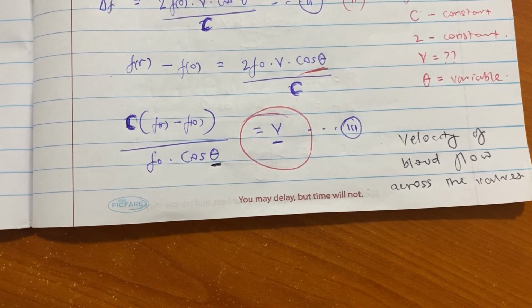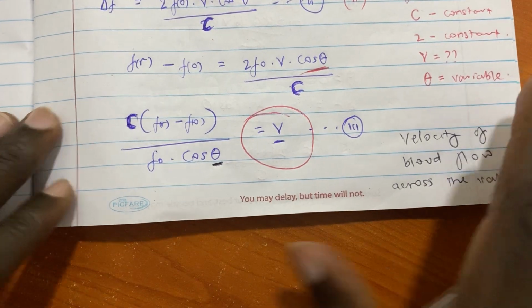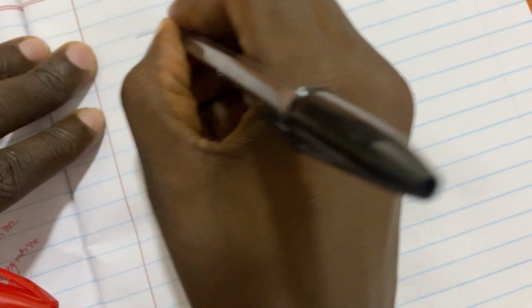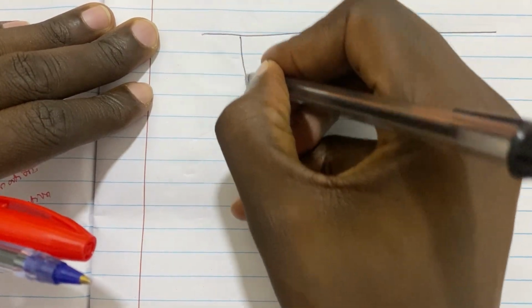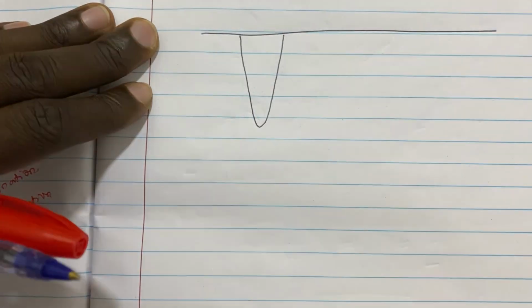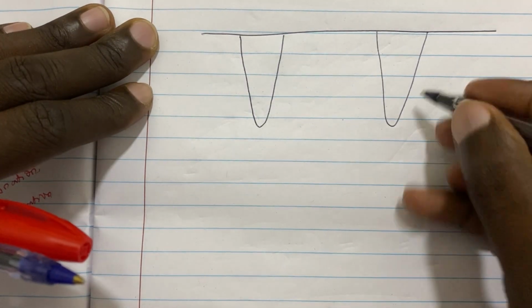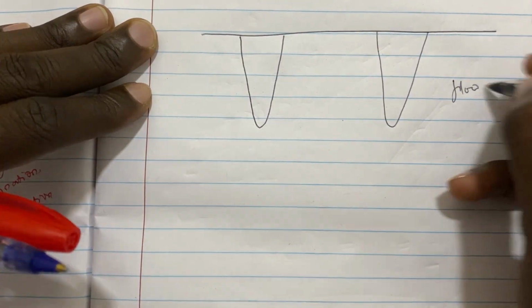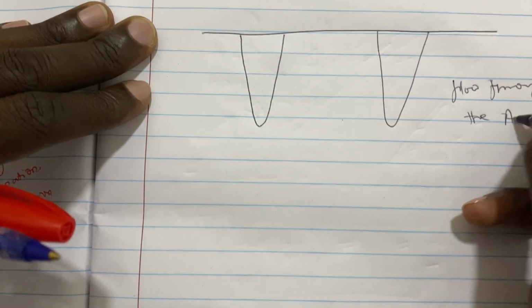As you remember what I did in the other videos, I was showing you that here we are going to measure, and it could be like this. It will be the baseline. It is always having a baseline. For example, this is a spectral display of flow through the aortic valve.